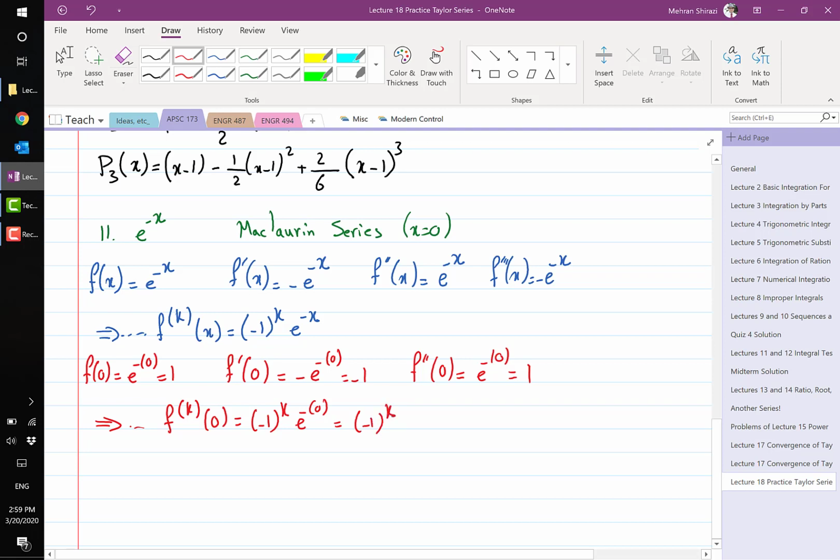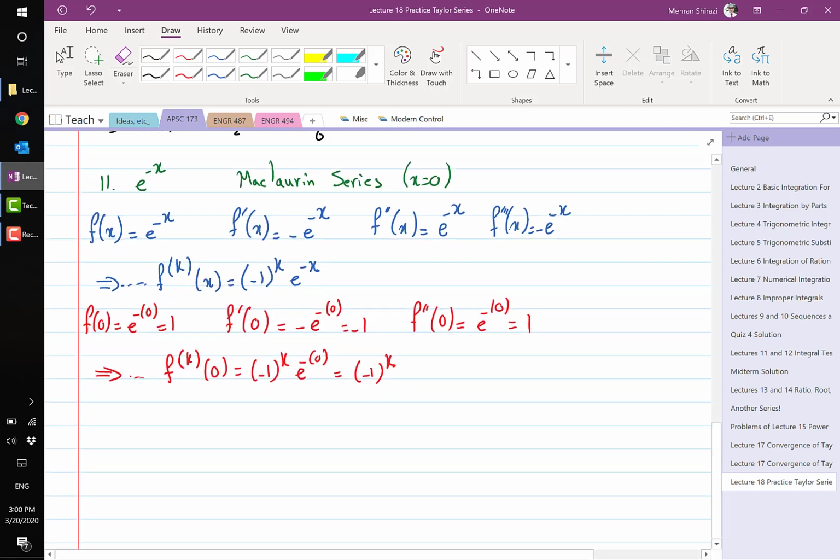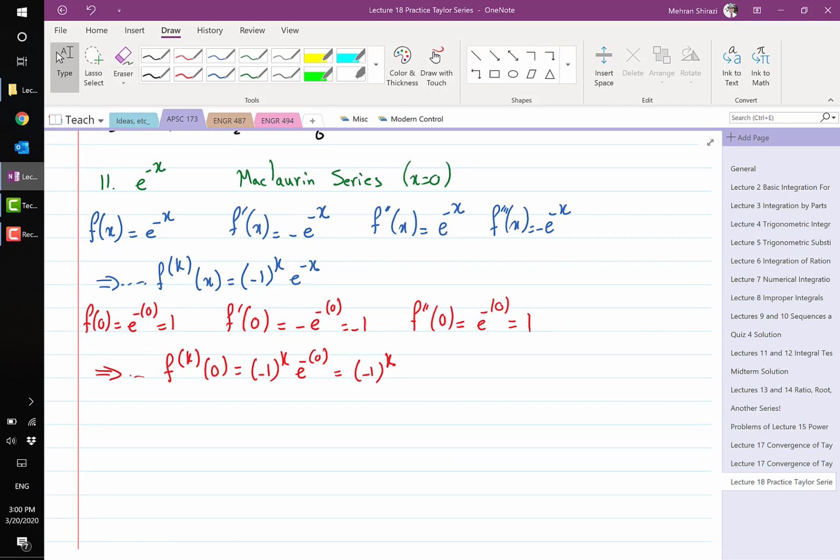So the k-th derivative of f at 0 is minus 1 to the power of k. This is what we didn't do in the previous two examples, because we just needed the first 3 derivatives. Now we want to find all the derivatives, and all the derivatives can be written in the last equation. That's it.